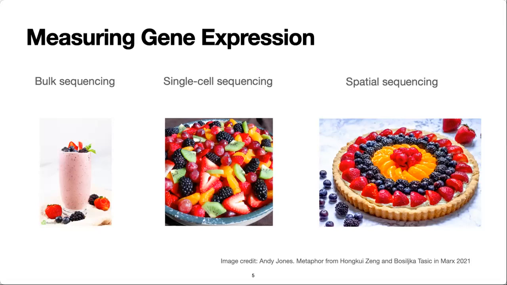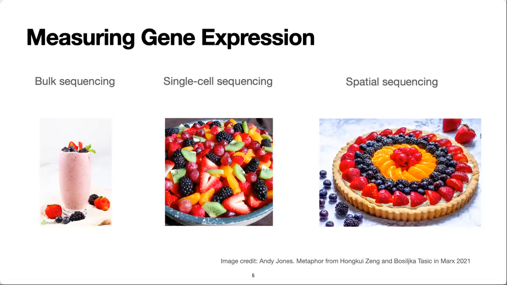And now I refer to that as bulk sequencing or bulk RNA-seq. The reason being that you have to take a bulk sample of a tissue and slush everything up into a big slurry like a smoothie, and then you get a sense of gene expression in a tissue broadly construed. But you don't know about the differences in gene expression from one individual cell to another.